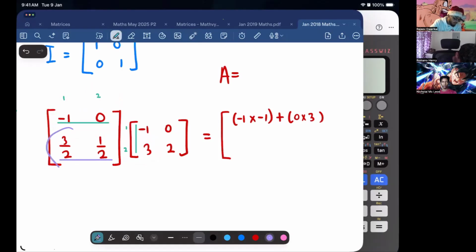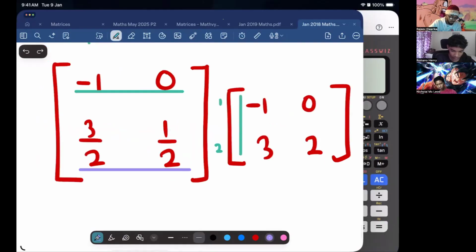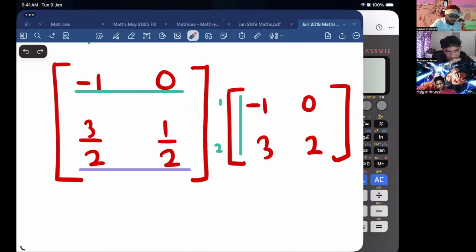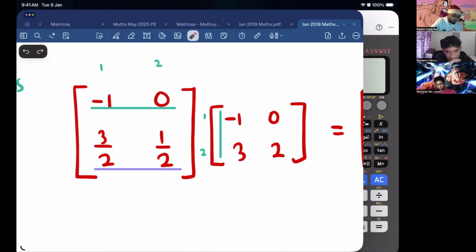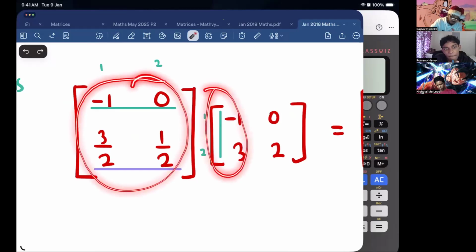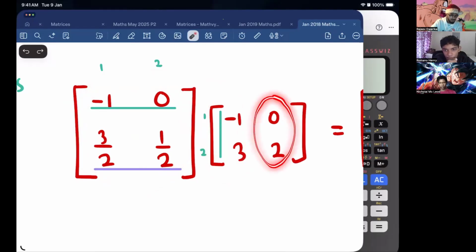What is the first element in this row? 3 over 2. Right, what is the first element in that column? -1. Here what we're doing, we're multiplying everything here by this column, and once we do that, then we're going to move on to the 0, 2. Understand?